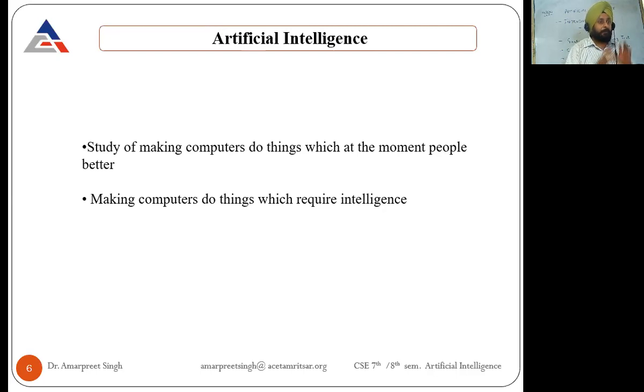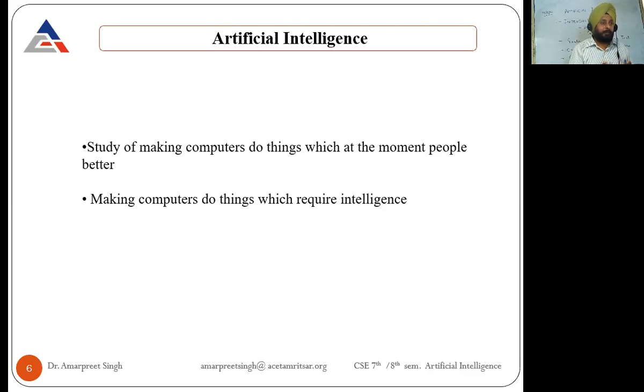So this is the important thing about artificial intelligence. The main objective is to build a computer or a machine which can do all the things which at present human beings are doing better.